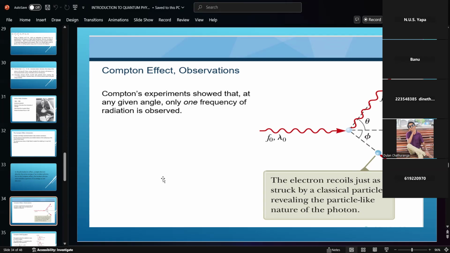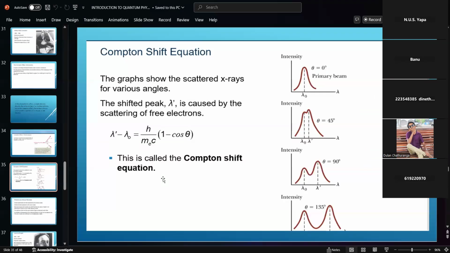Then we can build a theory. We can consider the situation after the collision and before the collision. We can apply the momentum conservation law, and also the energy conservation law, and we can build the equation for the quantum wavelength shift, right?